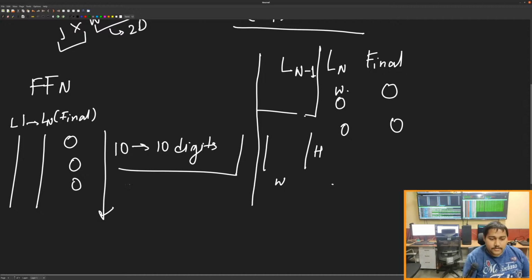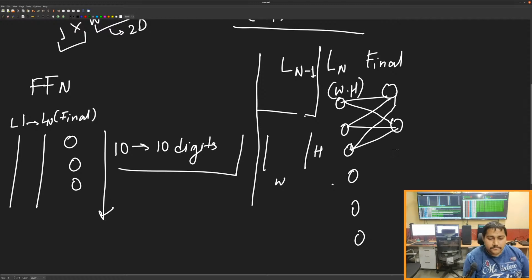It will simply take the feature map and then convert it into a set of neurons, the number of which is W into H. You'll have that many neurons here, and then all of these are connected again with the two neurons in the final layer, densely connected. So you'll have each of these being connected to these two neurons, and so on.